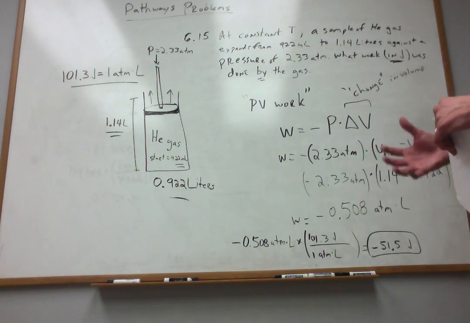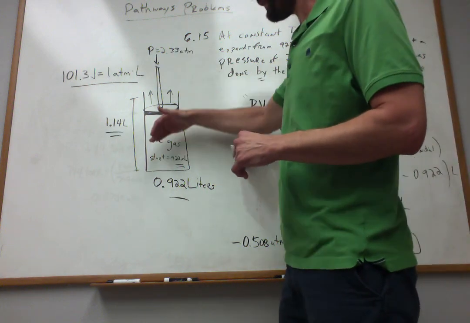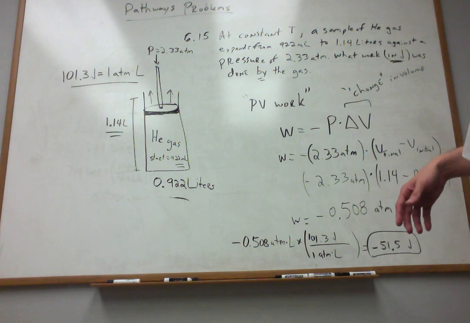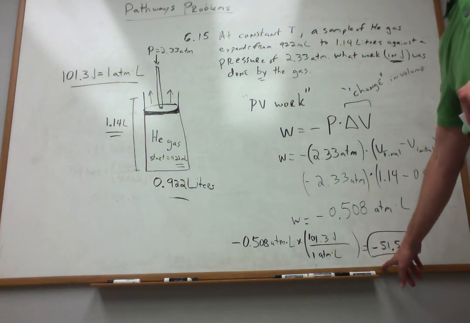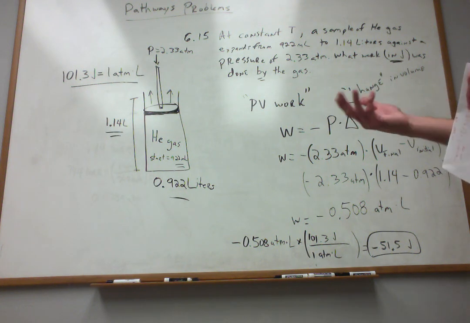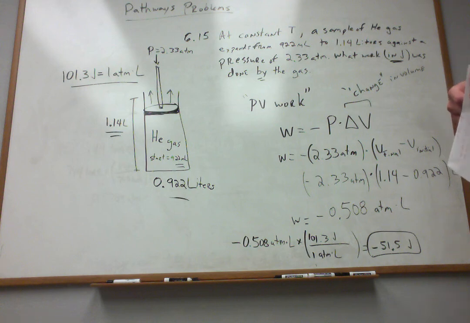But if work is done on the system, if I was to compress this, say, then that would be a positive sign. So the fact that we have a negative sign in our answer makes perfect sense, because in this case, the work is being done by the system on the surroundings.